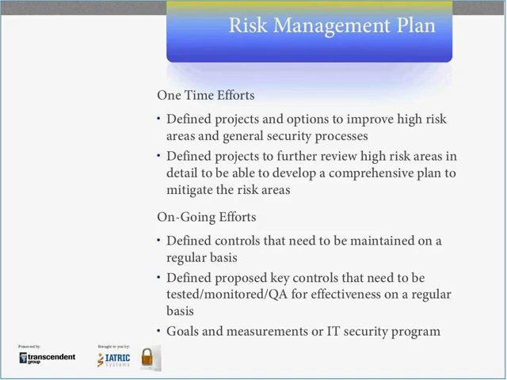The ongoing efforts, or the quality assurance efforts, consist of 3 areas. First, the key controls that you need to maintain on a regular basis, like the disaster recovery plan, the security risk assessment, the security awareness program, etc. Second, the key controls to be tested on a regular basis, such as the disaster recovery plan, backup, and penetration testing.